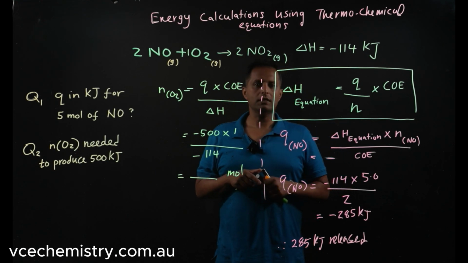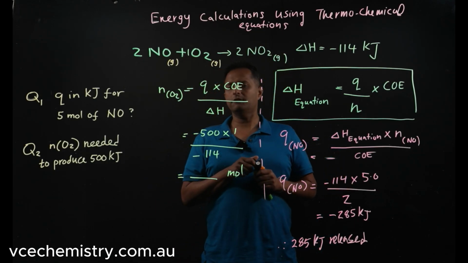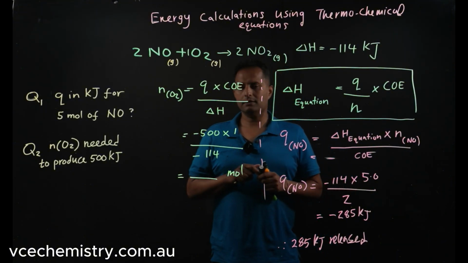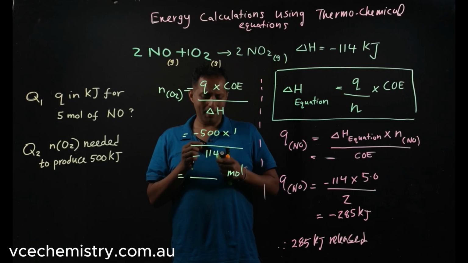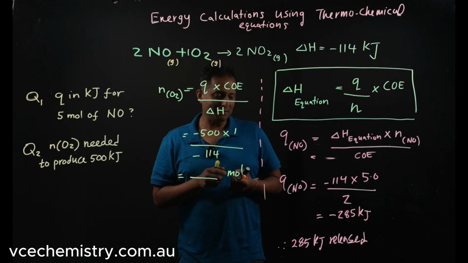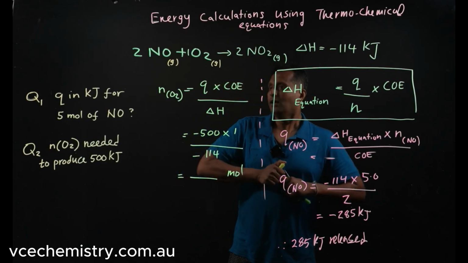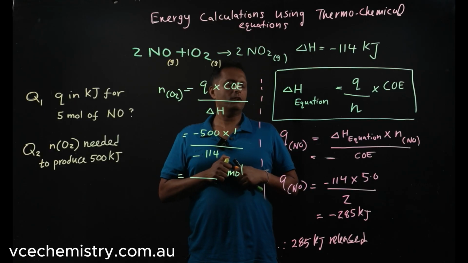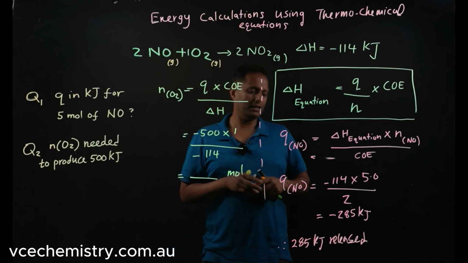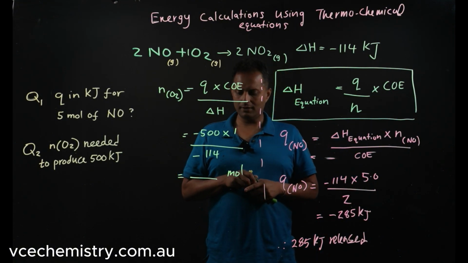Most teachers will encourage you to use the derived version rather than just the data booklet one, because you might end up making mistakes using the data booklet one. Is that clear? In our classes, we'll do more practice questions related to thermochemical equations.